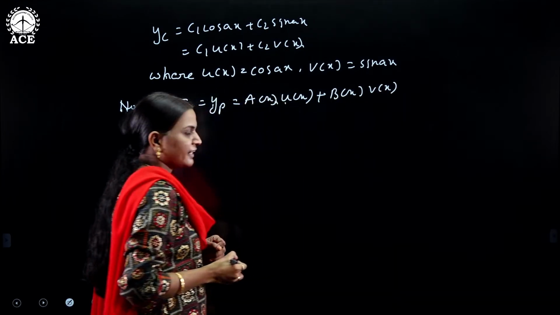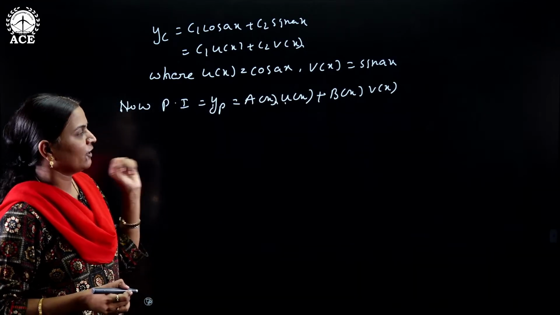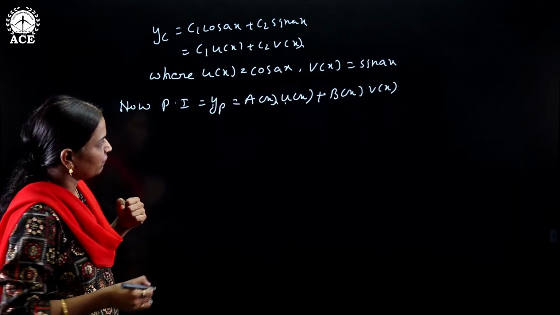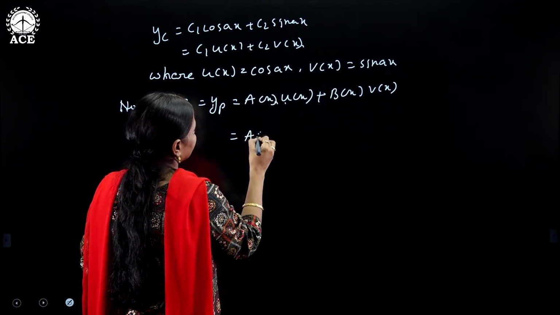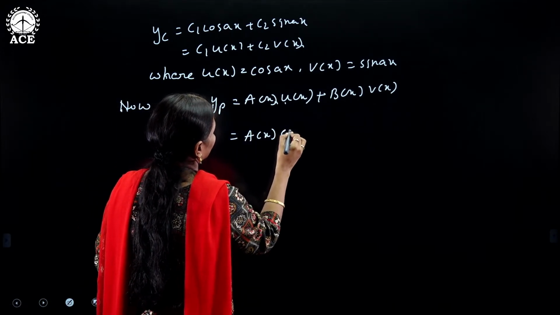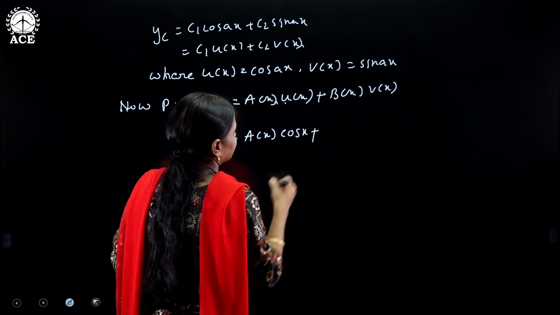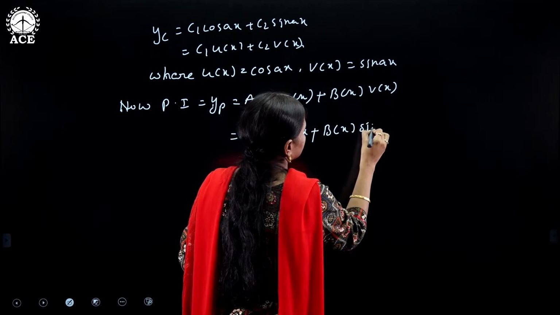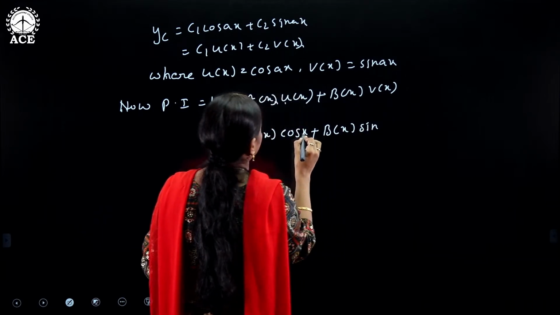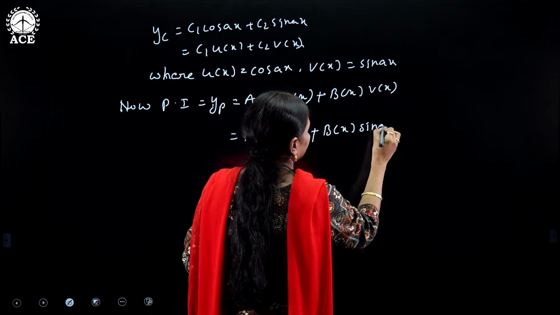Here u of x and v of x are known functions, but A of x and B of x are the unknown functions. Now substitute: u of x is equal to cos ax and v of x is equal to sin ax.